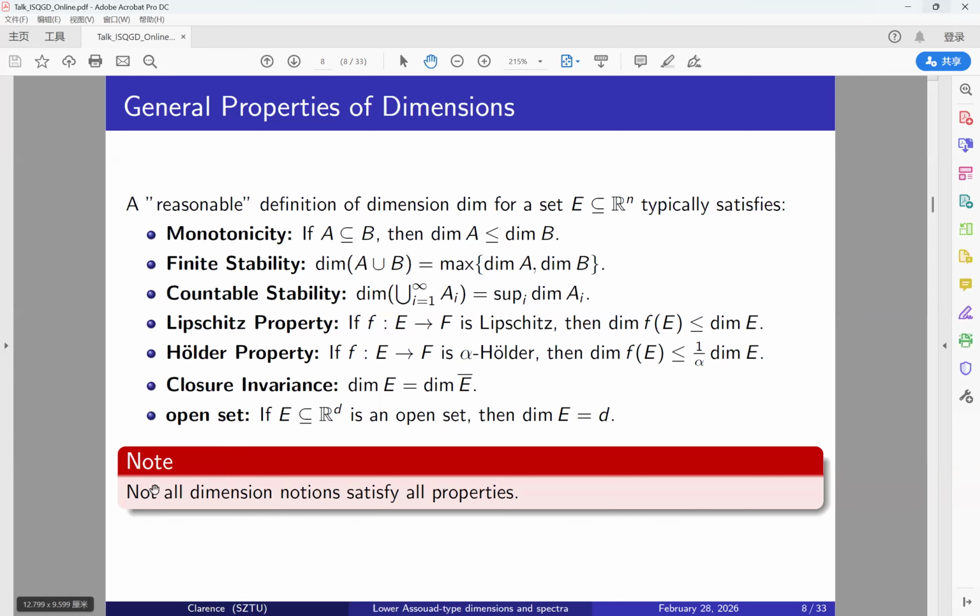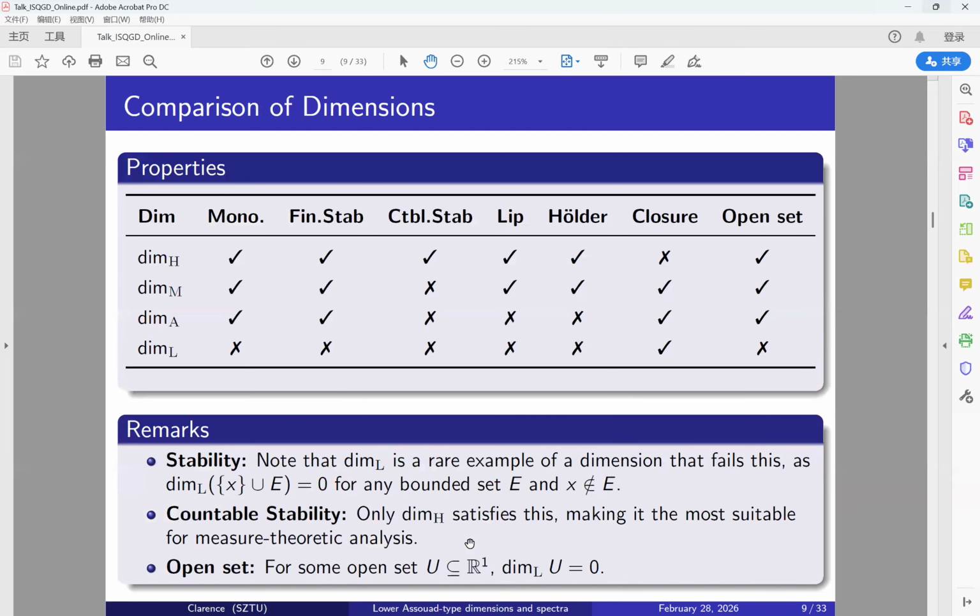However, not all dimension notions satisfy all properties. Let's have a look at the chart of properties of dimensions. Hausdorff dimension satisfies monotonicity, finite stability, countable stability, Lipschitz, Hölder, and open set, except closure.